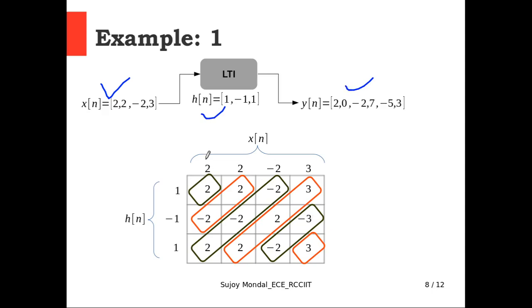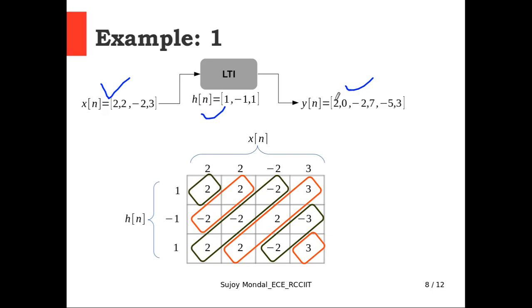It is basically a simple process. We consider one of the signals as a row index and another signal as a column index, and we place the samples of these signals on the top of the rows and columns. Then we fill up the matrix cell values by multiplying the row and column values.